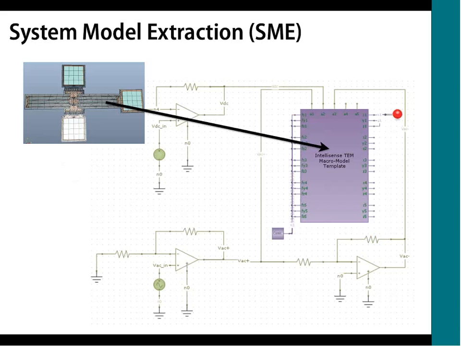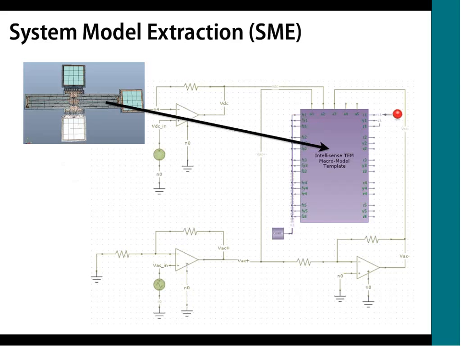The main way that we can help with this within IntelliSuite is once you have your 3D model, say this Tang resonator that we had looked at earlier, we can do a system model extraction.